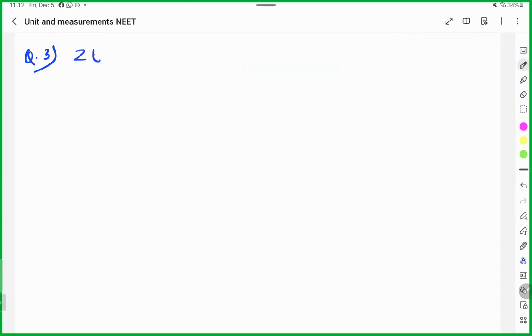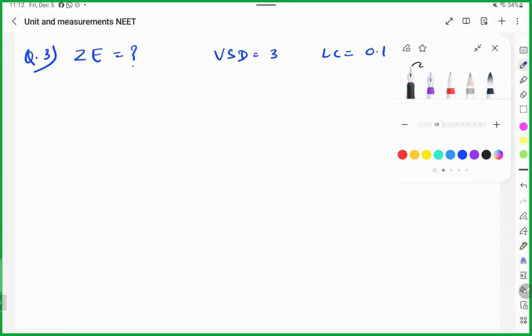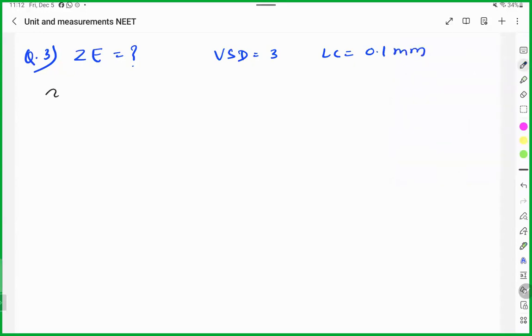If the Vernier scale division is 3 and the least count you take is 0.1 millimeter. Vernier scale reading is 3 and the least count you take is this. So, what will be the zero error?